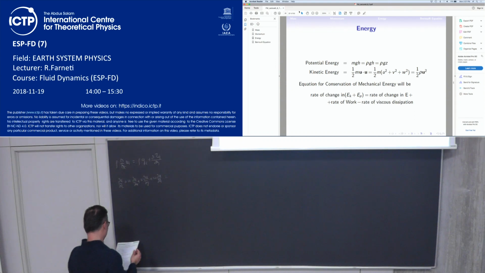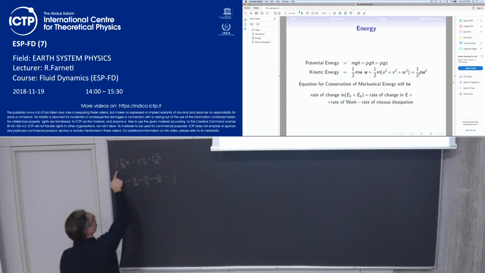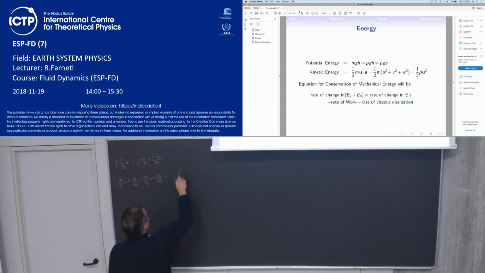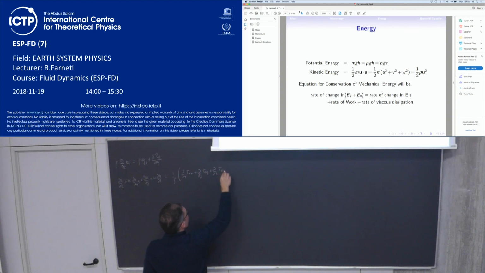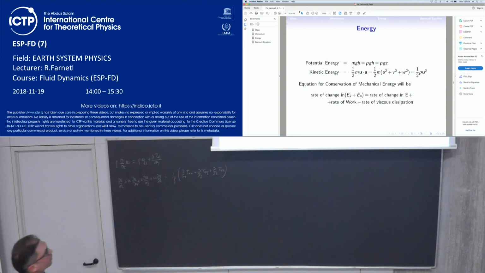And then 1 over rho, okay, because that's divided by rho, and that is d by dx of tau xx plus d by dy of tau xy plus d by dz of tau xz. Okay, this is just for the x component. You can do the same for the y and the w component. The gi here is 0 because there's only one component, which is in the k direction.